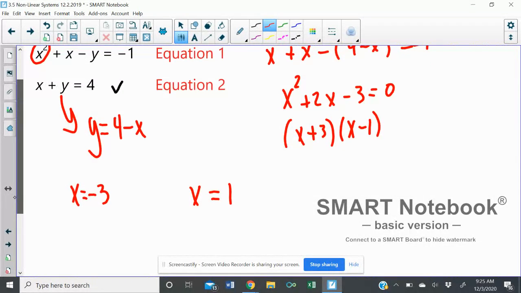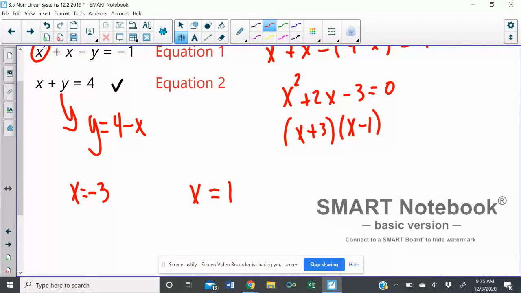So we're going to do what we normally would do, plug it back in. I'm going to use this equation here. So -3 plus y equals 4. So y equals 7. So the point of intersection is -3, 7.